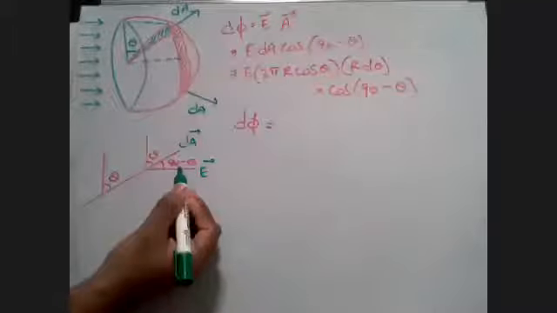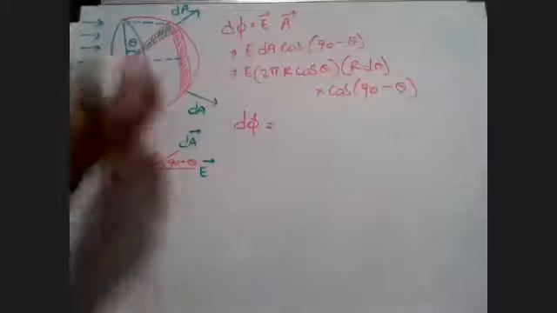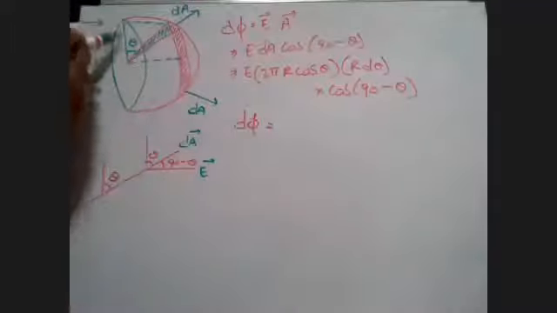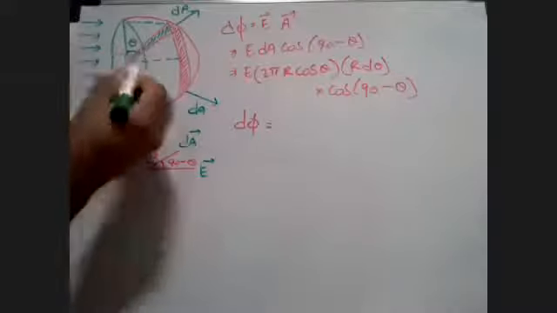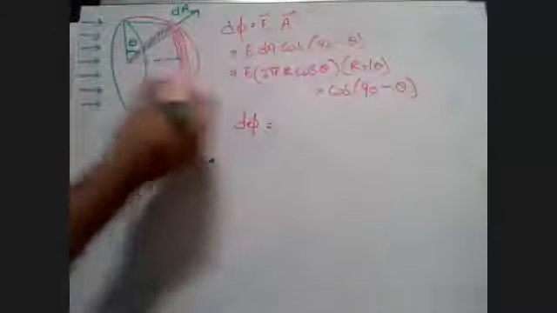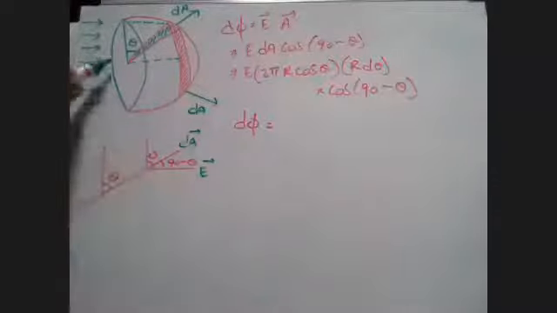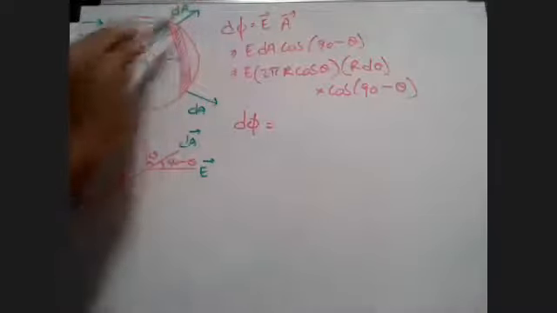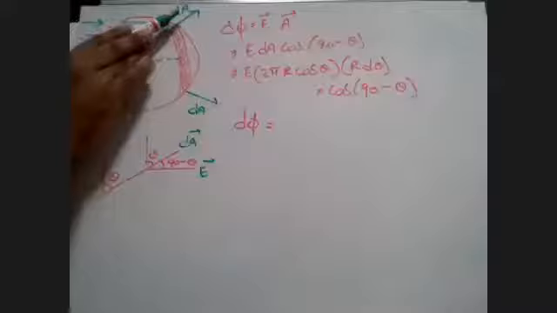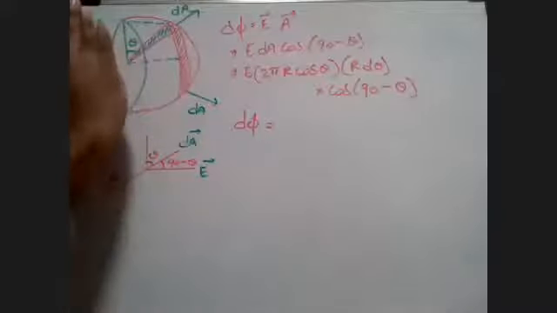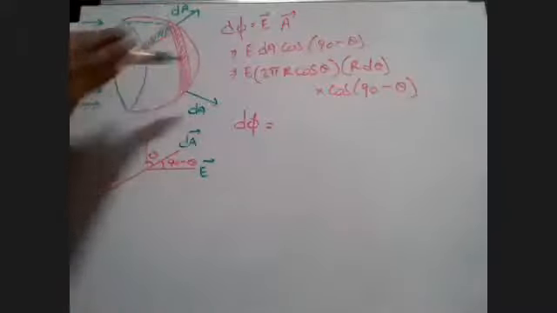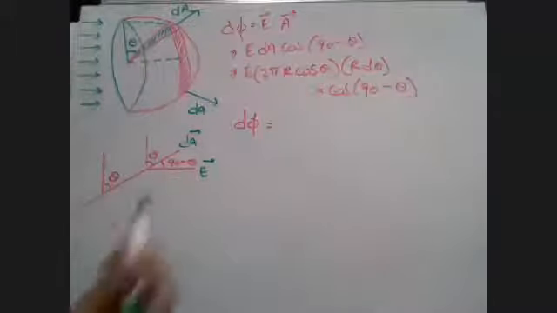See, this component over here, r cos theta, makes an angle of 90 degrees with the x-axis. So if you draw a radius like this, and this radius is making an angle theta with the y-axis, definitely on the x-axis side, it is going to be 90 minus theta.